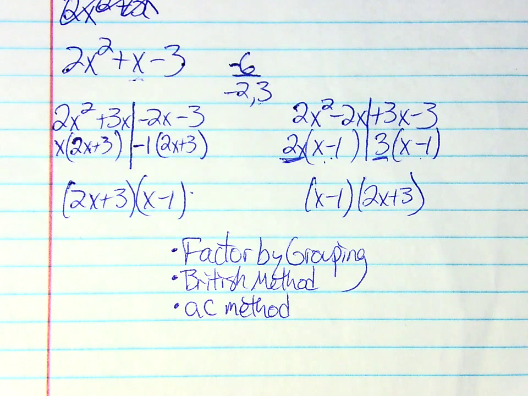It's not that bad when A and C are prime numbers, but when A and C have a lot of factors, then guess and check is a nightmare because you're just playing around with the factors hoping to get ones that add up and work out. It's terrible, in my opinion. AC method is nice because there are steps that you follow. You do this, this, this, and then you're all set.